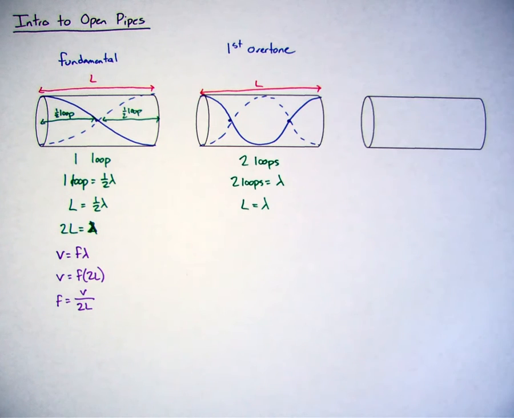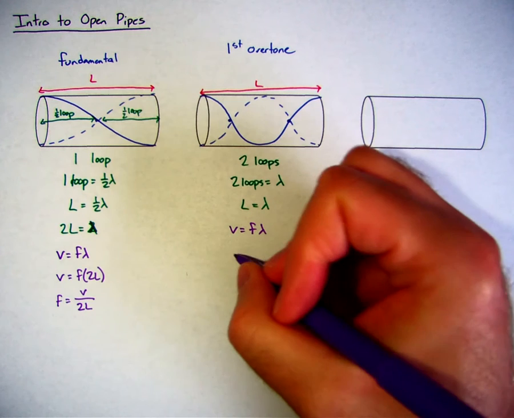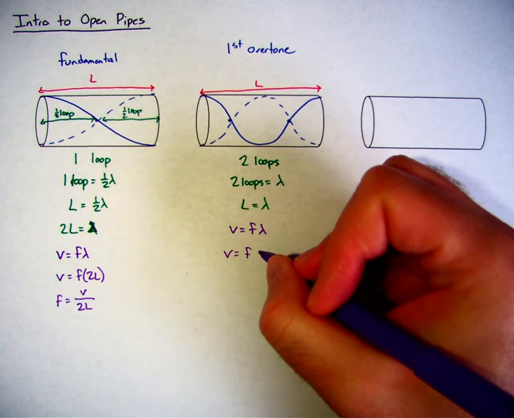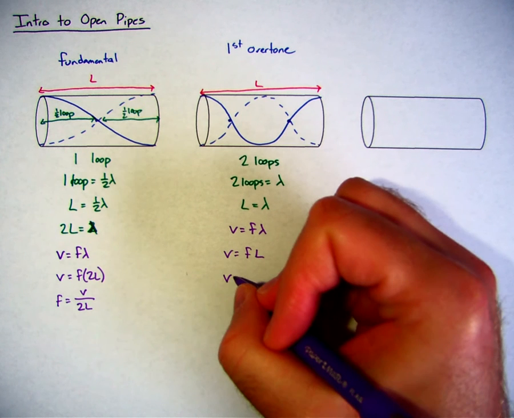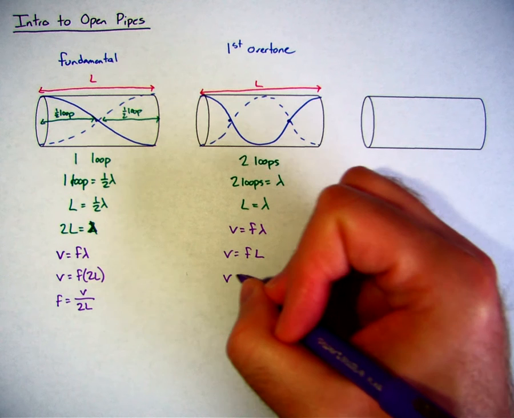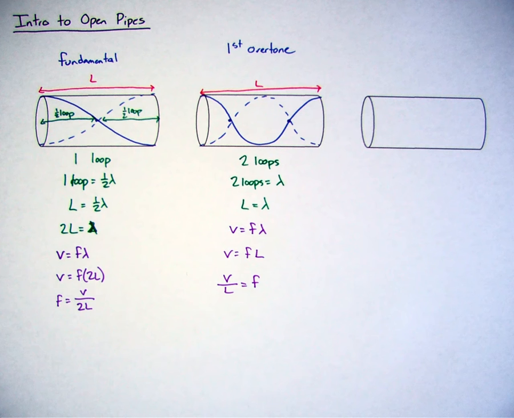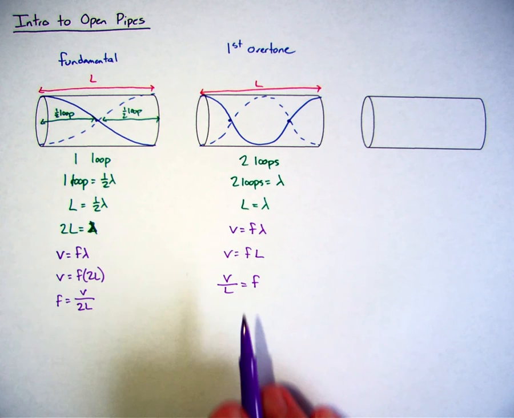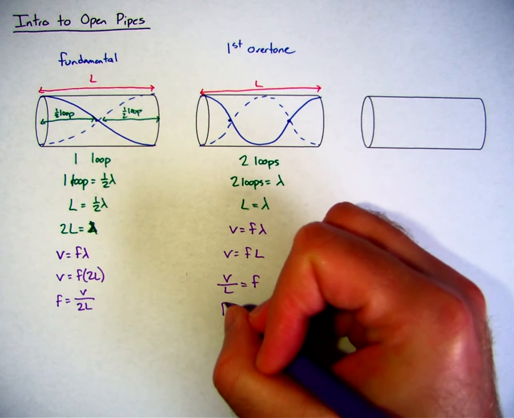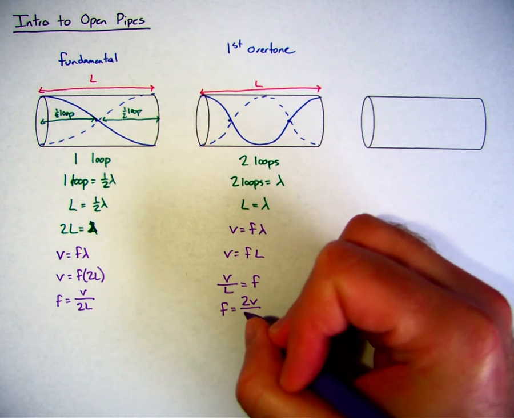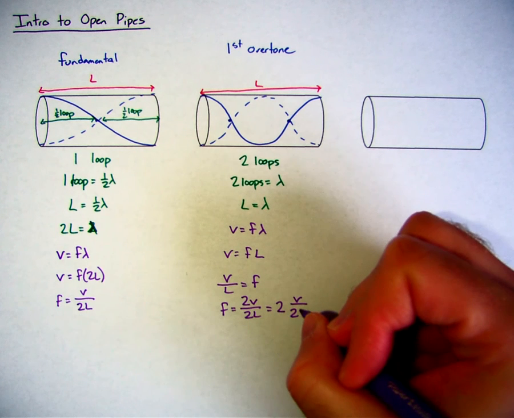So if I use my wave velocity equation again, so velocity equals frequency times wavelength, I know velocity equals frequency times L. Now, if I divide both sides again, I have velocity divided by L equals the frequency. What's important about that is that if I compare it, this is basically saying that frequency is equal to 2 times velocity divided by 2L.